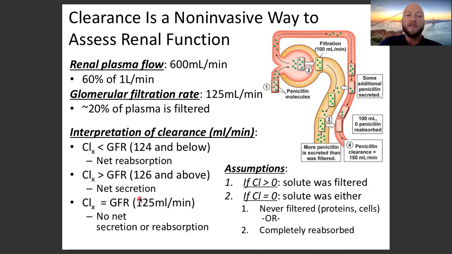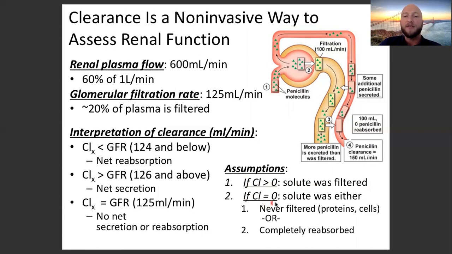If clearance is equal to glomerular filtration rate, that means it was filtered and then unaltered throughout the renal tubule system. So it was filtered and then neither secreted nor reabsorbed. No net secretion or reabsorption if clearance is equal to glomerular filtration rate. Assumptions: if clearance is greater than 0, the solute was filtered.